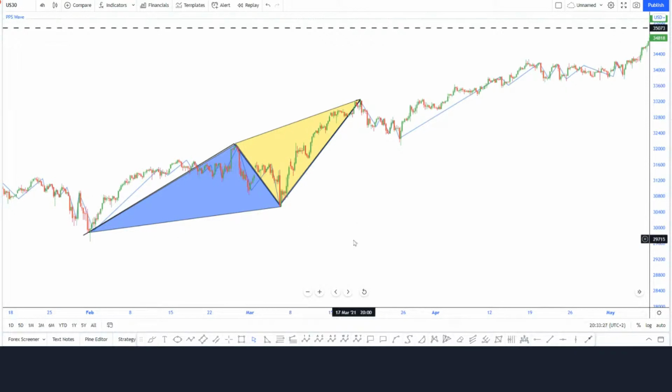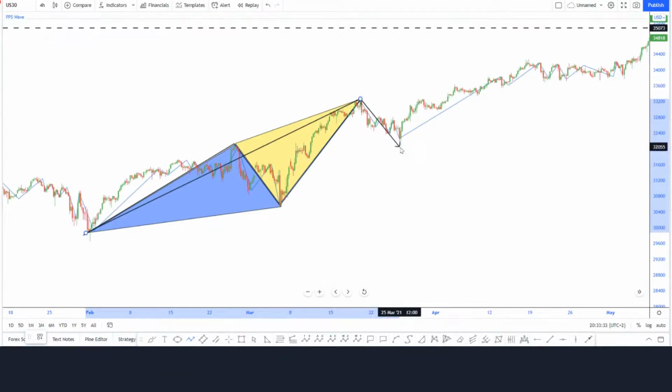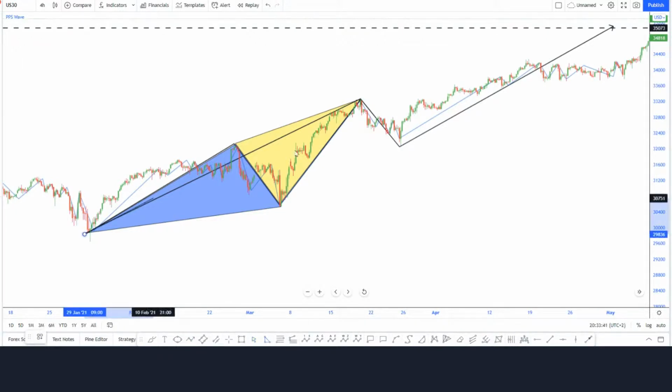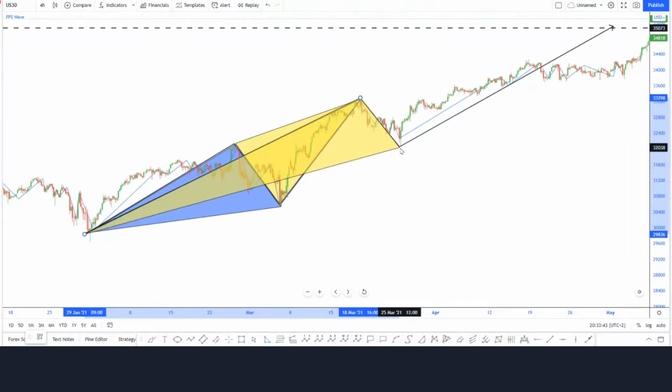Okay. After this, what you look at is you have a bigger ABCD formation. See this big one? Then just have a correction right here. Then I would be expecting to have another one as big as this one. Hope this makes sense.